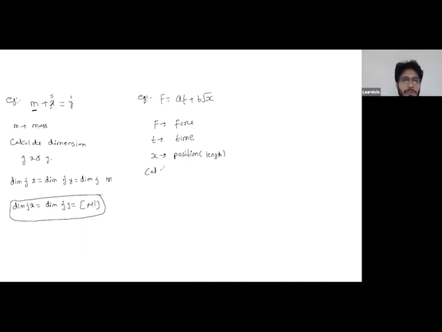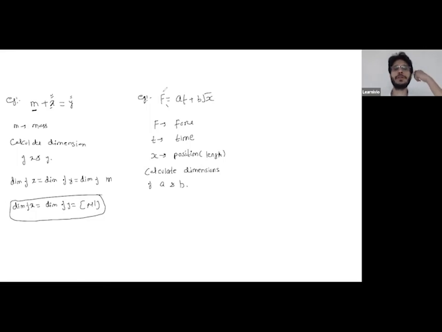Calculate dimensions of A and B. You have to calculate the dimensions of quantity A as well as quantity B.